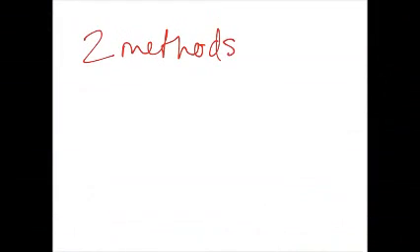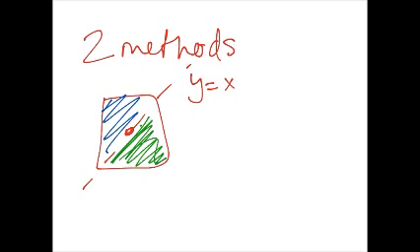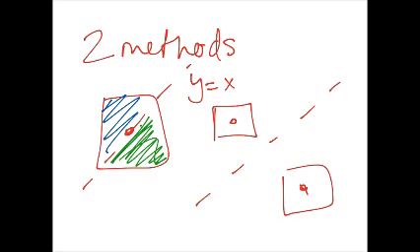As I was saying before, there are two methods of dividing up the regions. One is where you have a single box on the line y equals x, and you have one region with one value, and then another region with the same function value but a different sign. So they essentially cancel each other out. And then another option is you still have that y equals x line, but now the boxes are off of y equals x, with one on the upper left and one on the lower right.